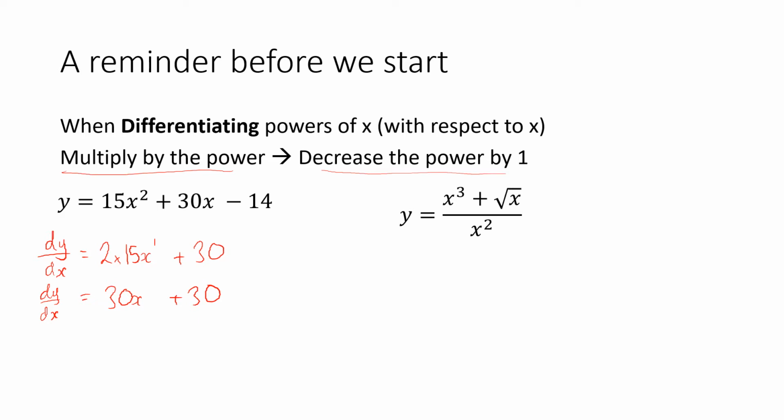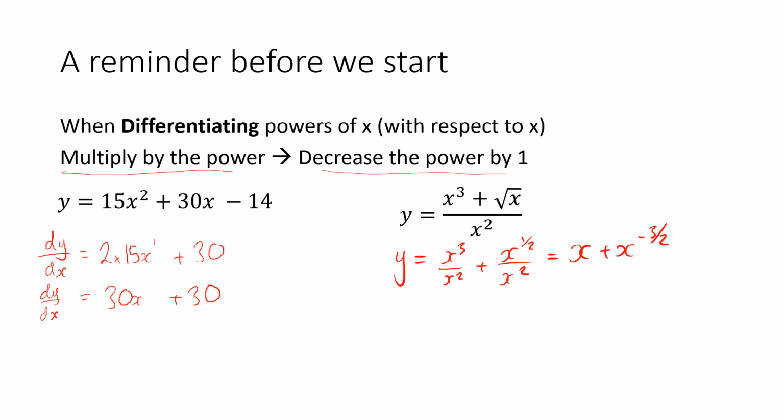Let's look at another one here. We've got a fraction, and we couldn't really deal with fractions last year. We will be able to in a couple lessons, but not just yet. So what you had to do is make everything into a single power of x. So we had to rearrange this to being x cubed over x squared plus, and then let's write this as a power, x to the half over x squared, which is x plus x to the minus 3 over 2.